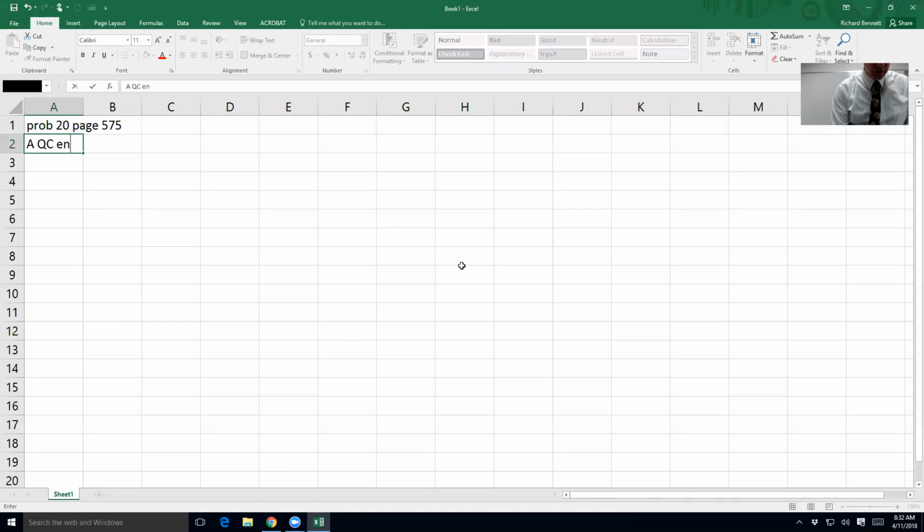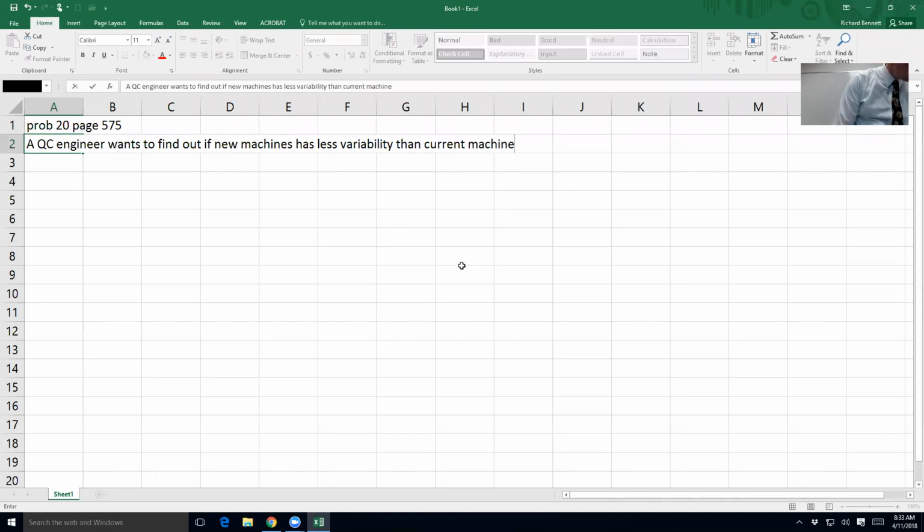A QC engineer wants to find out if the new machine has less variability than the current machine. She randomly selects 15 bottles and obtains the following results.